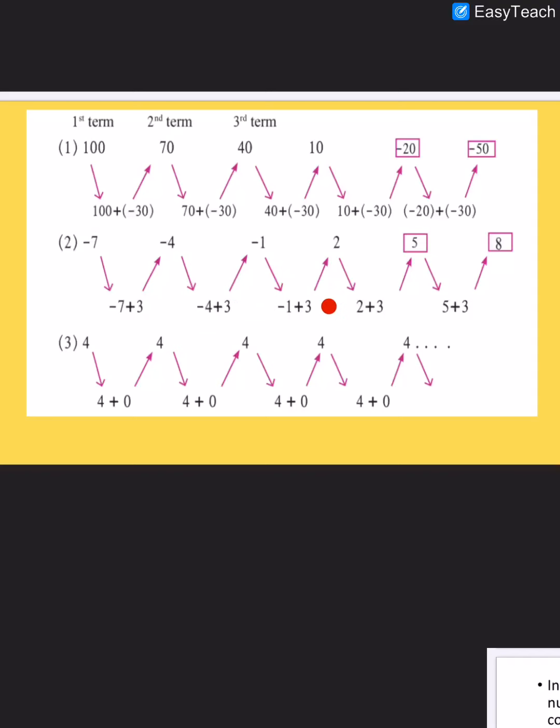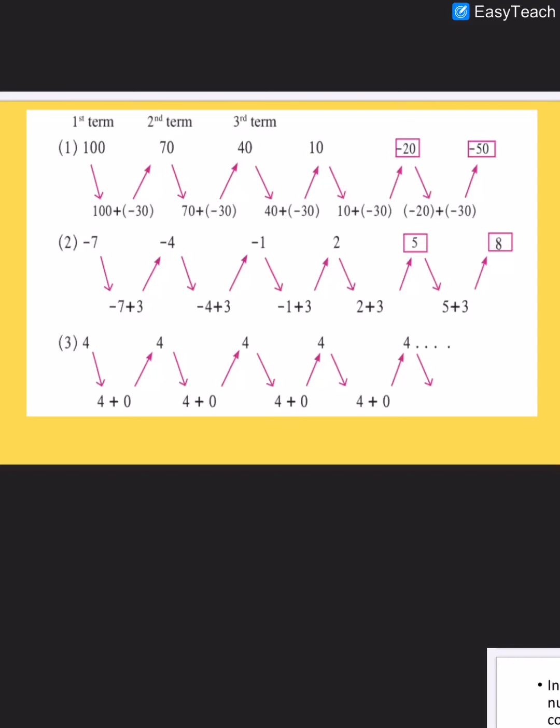So a constant number is added to every term of the sequence to get the next term. And in the last question, the terms are repeating, which means it is not adding any number to get the next term. So we write it as 4 plus 0, 4 plus 0. 0 is added to every term since the terms are repeating.